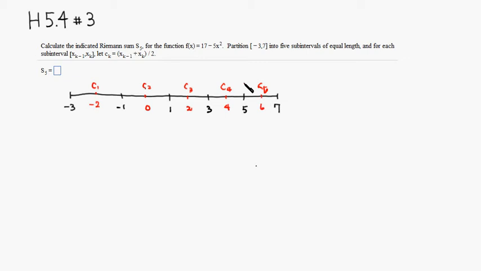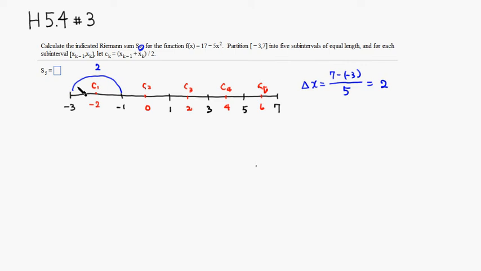Then delta x is always b, which is 7, minus a, which is -3, divided by n. And in this case, since we're looking for S5, n equals 5. So it's 10 divided by 5, it's 2, which just tells you that each interval has length 2.